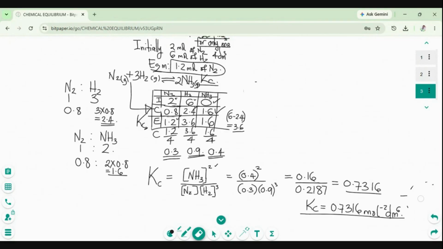After writing the correct stoichiometric equation, I went ahead and filled my ICE table. After filling my ICE table, I already have my ICE. What does the ICE give you? It gives you the number of moles at equilibrium. And the moment you have the number of moles at equilibrium, the next thing, members, that you should be asking yourself is, what is being asked? Is it Kc or Kp?